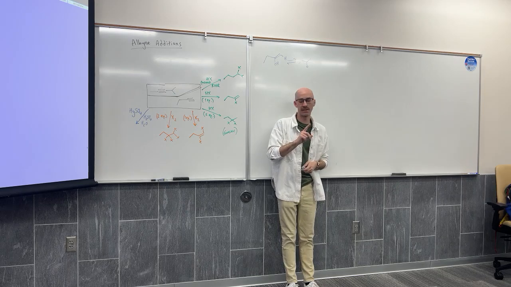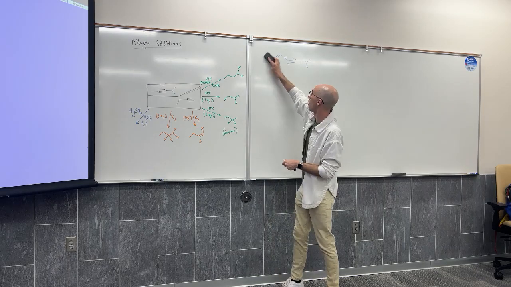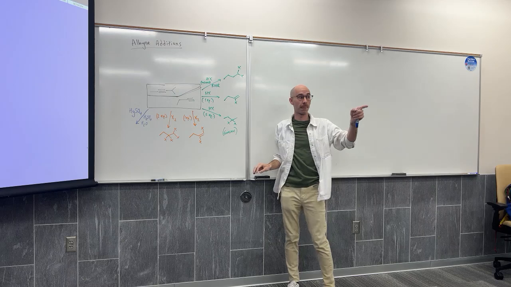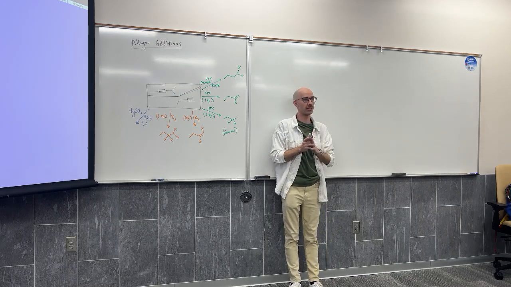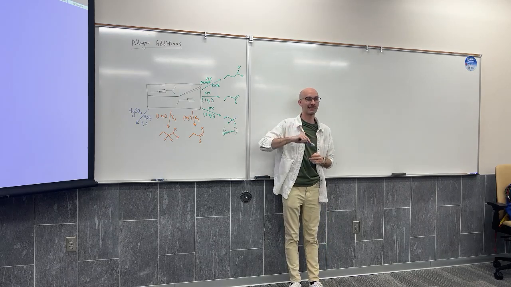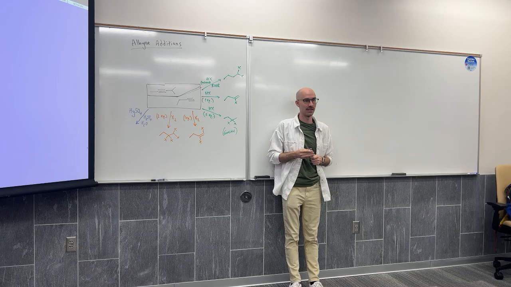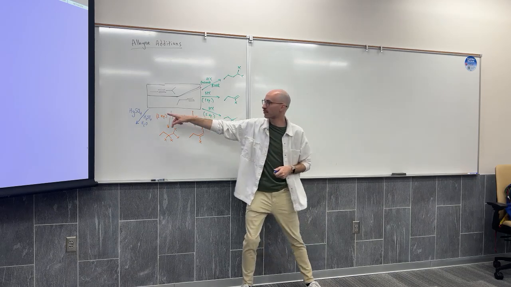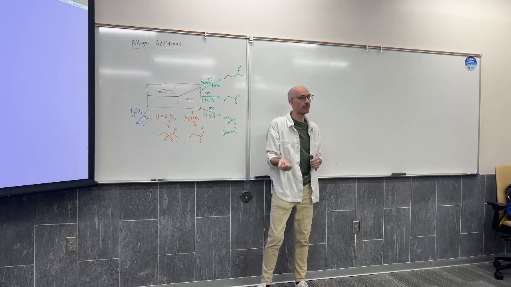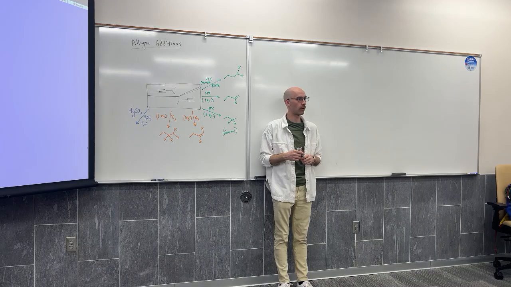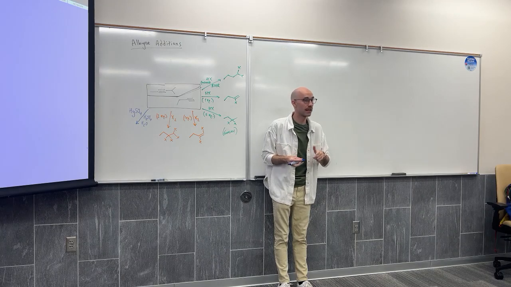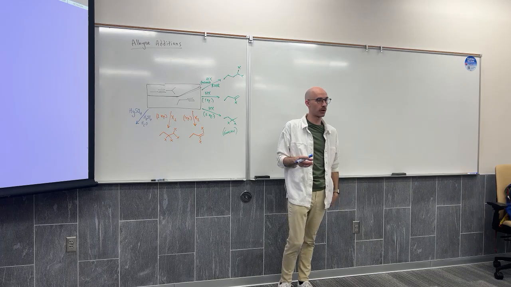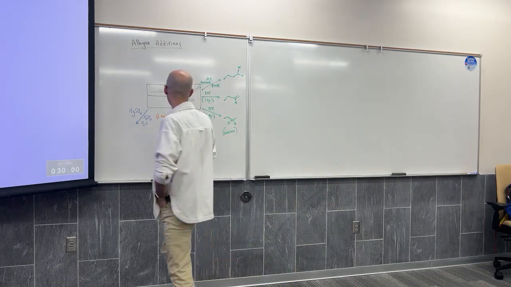Now, based on what we saw about both the oxymercuration reduction reaction and the acid catalyzed hydration reaction, do you think that this reaction will give a Markovnikov product or an anti-Markovnikov product? Because those two reactions in yesterday's class were both Markovnikov. This is Markovnikov as well.